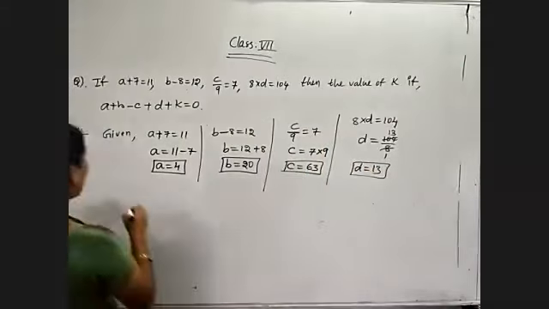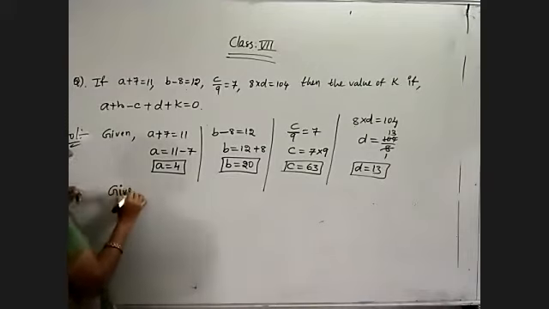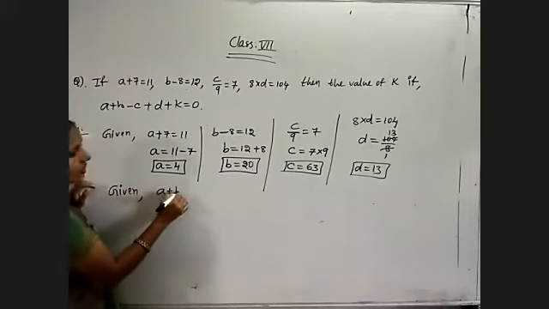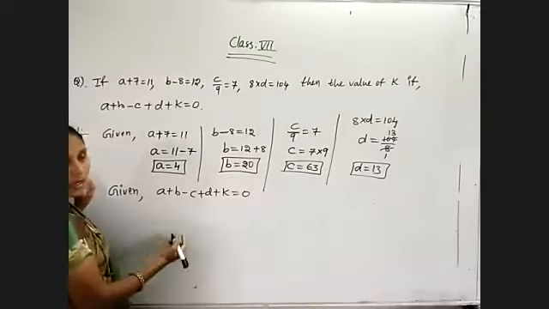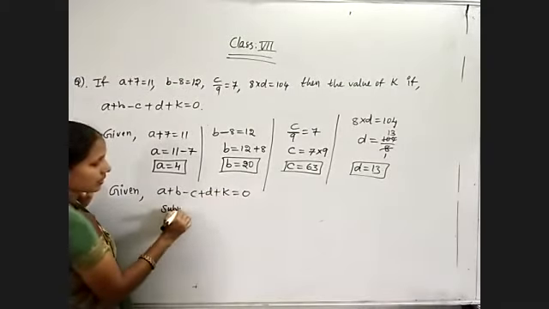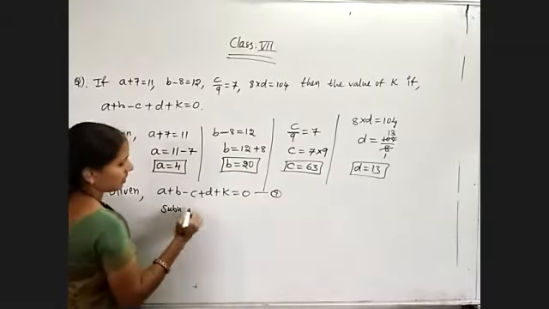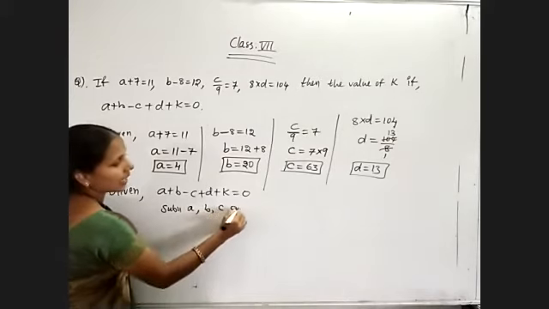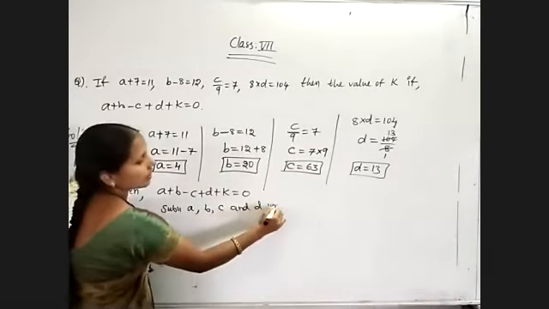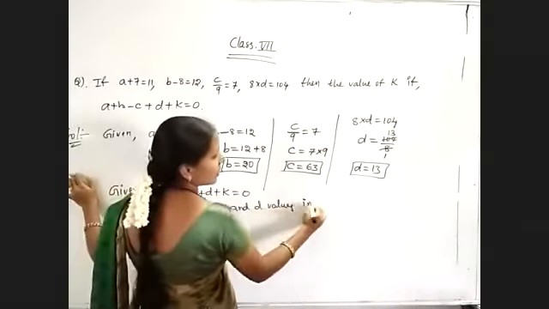So now the fifth given equation: a plus b minus c plus d plus k is equal to 0. Substitute the a, b, c and d values in the above equation.